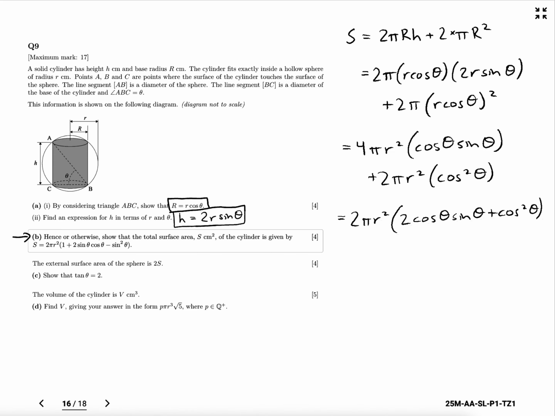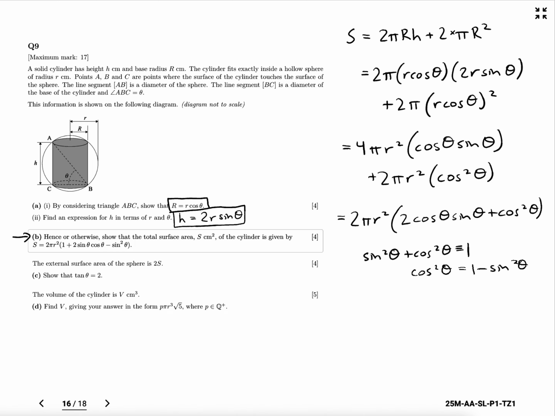Now we have to compare this to what they're asking for, and they have something that has minus sine squared instead of plus cosine squared, which means that we're going to use the identity sine squared theta plus cos squared theta is always equal to 1, and that means that we can substitute cos squared theta by 1 minus sine squared theta.